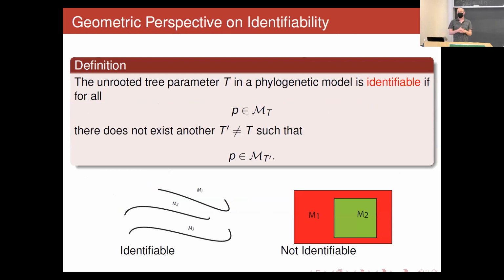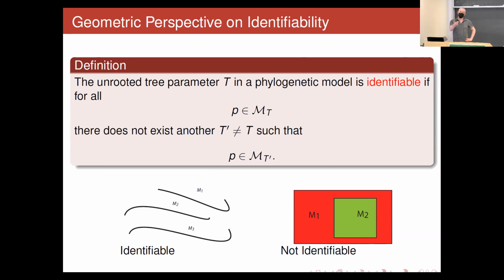Okay, so what's our geometric perspective on what identifiability is about? You have this tree parameter in a phylogenetic model, and you get a family of probability distributions. For the model to be identifiable, for all probability distributions that belong to the model, there should not be some other tree such that the probability distribution belongs to the model for that other tree.